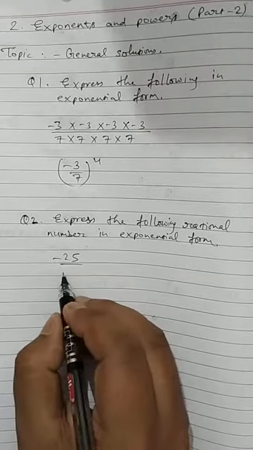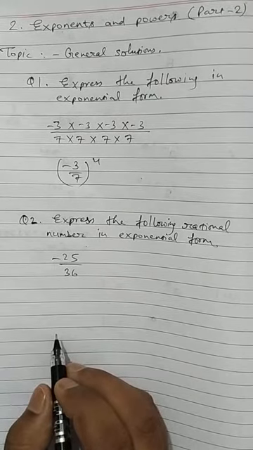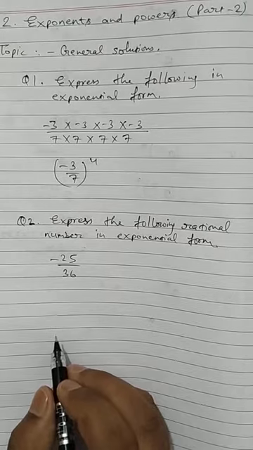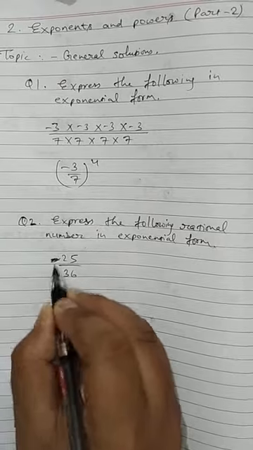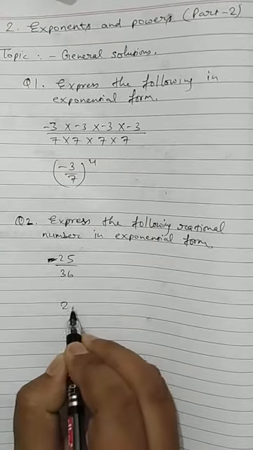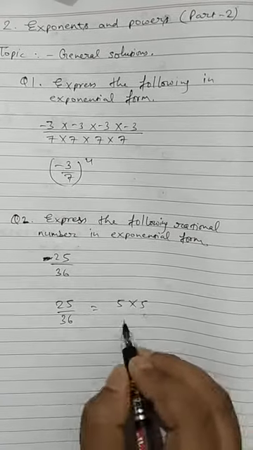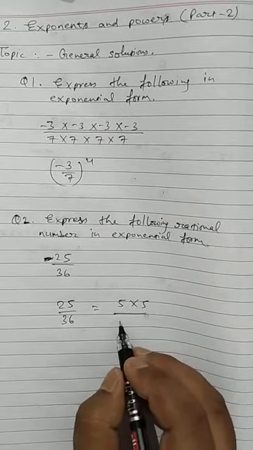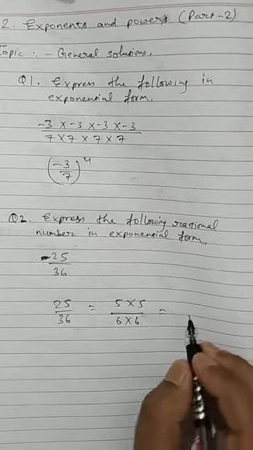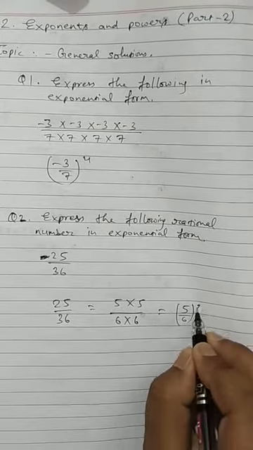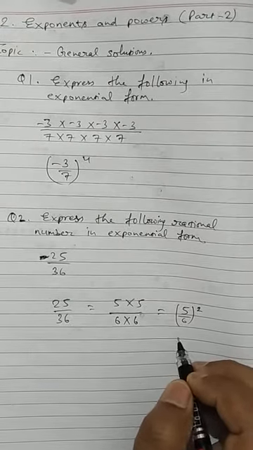Our question is minus 25 upon 36. 25 upon 36 can be expressed like this, 5 into 5, and 36 can be expressed as 6 into 6. So 5 upon 6 has a common power of 2. So this is the second solution.